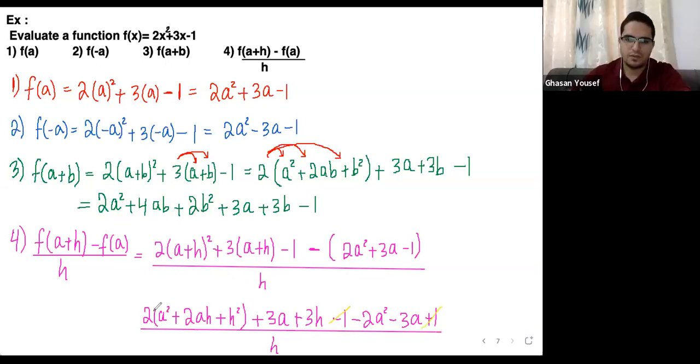Okay, now we can also distribute the 2 inside the parentheses. What can I get now?